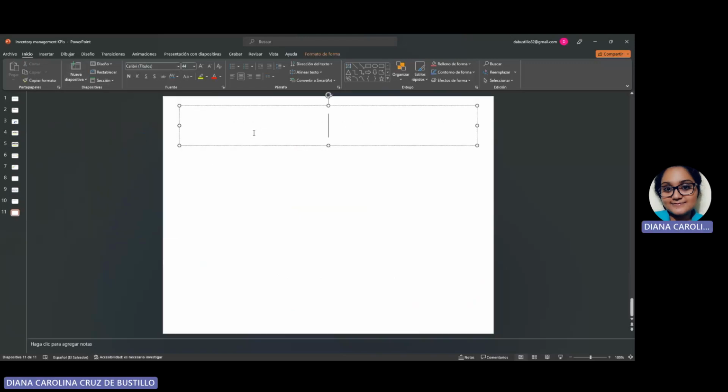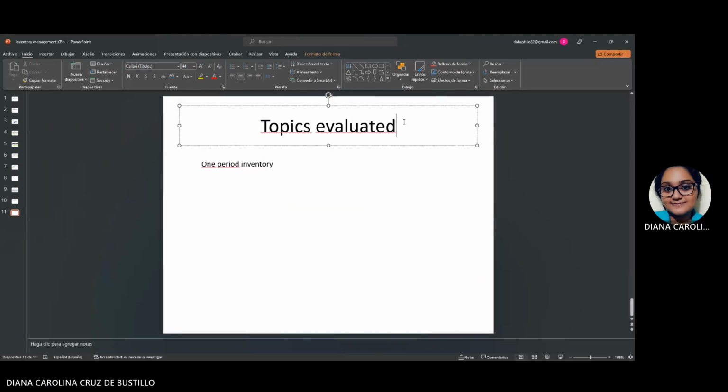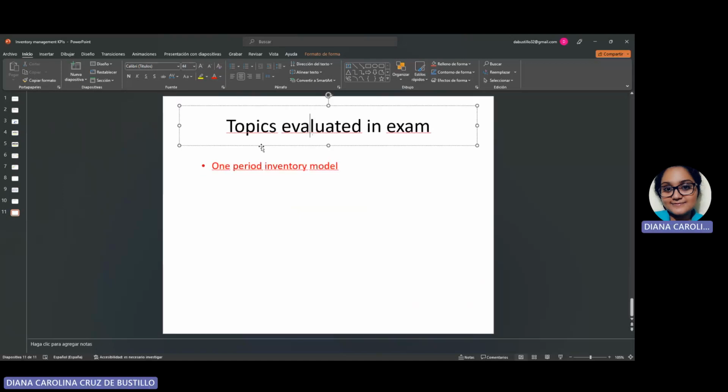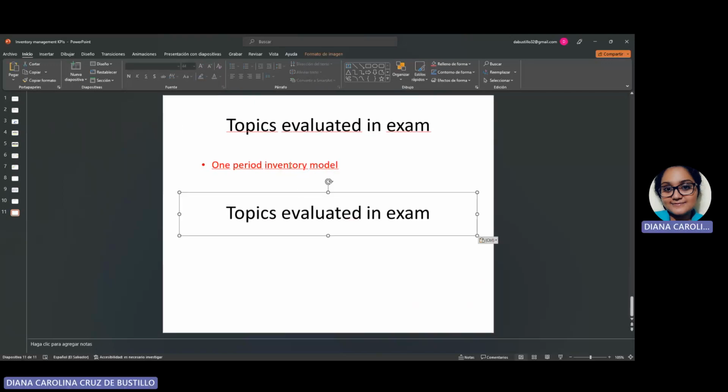So the topics to be evaluated on the exam are going to be one period inventory model, and that's it. Okay, that's it, only that one. And on the assignment or homework, right?